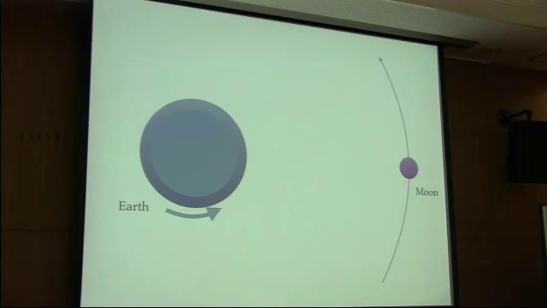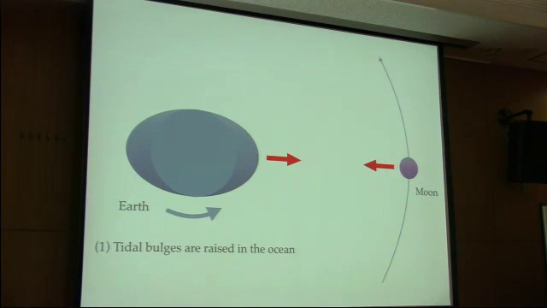This is the Earth with the ocean, and the Moon. The Earth rotates itself and the Moon revolves around the Earth. They are pulling each other by the gravitational force. Then a tidal bulge is raised in the ocean, because the ocean is movable and the Earth itself is rotating.